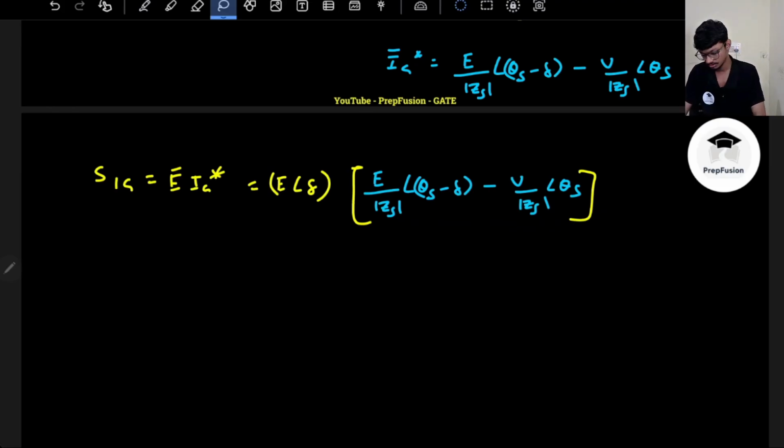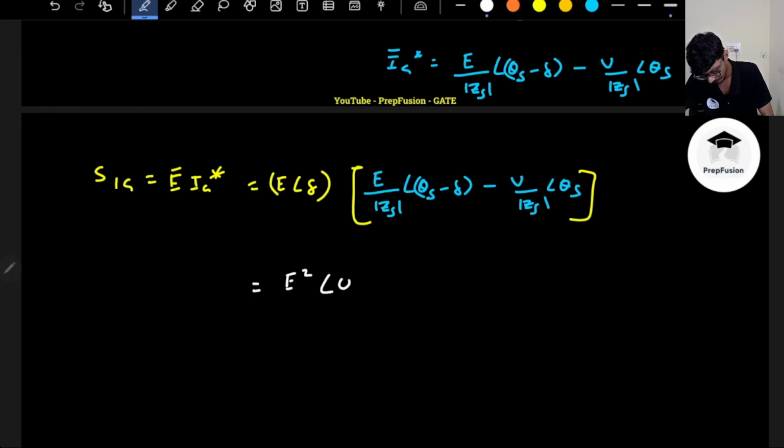So from here I can easily identify that this will be E square into angle of theta s minus delta plus delta, which cancels, divided by Zs, minus EV divided by Zs, angle of delta plus theta s. Am I correct?